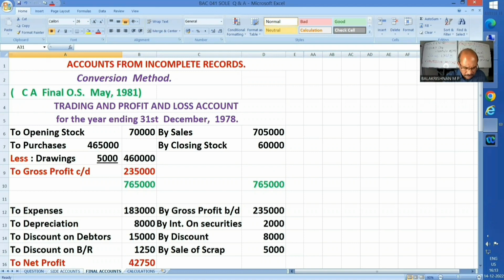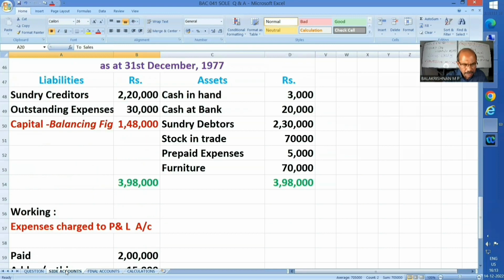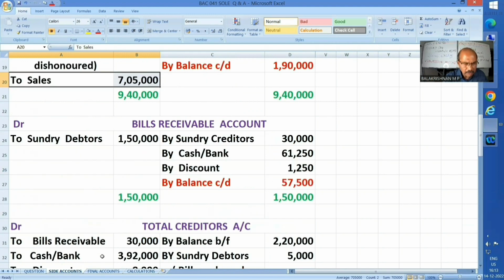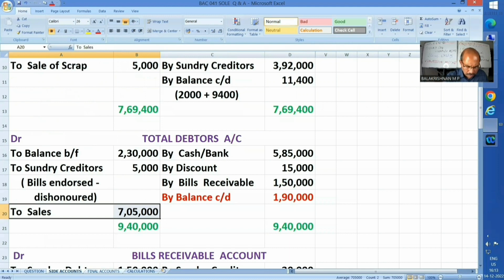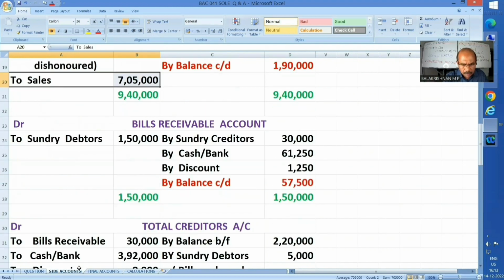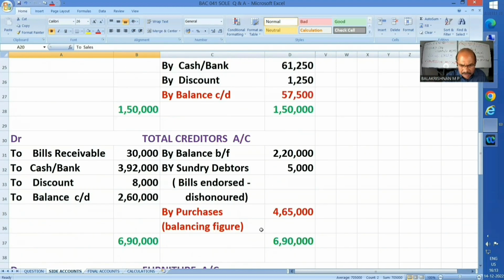And sales we have arrived at in our debtors account, 7,05,000. Rather, we worked out and incorporated it in the debtors account. Purchase has been the balance figure in the creditors account, 4,65,000.